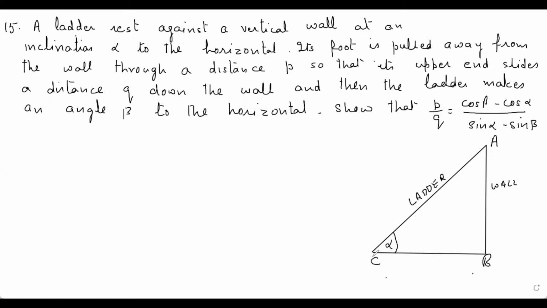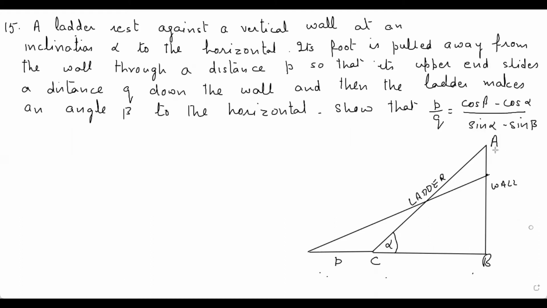Now its foot is pulled away from the wall through a distance P. So the shape of the ladder will be like this. When the foot of the ladder AC is pulled away from the wall through a distance P, then its upper end slides a distance Q down the wall.